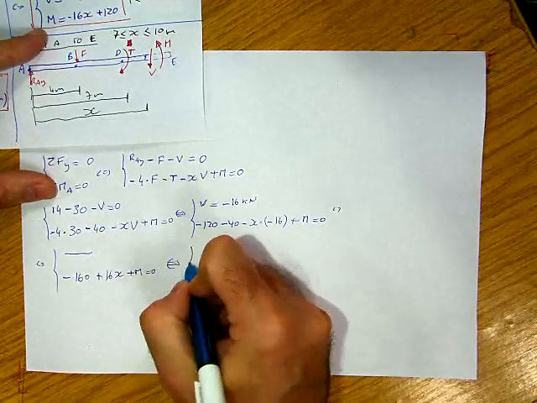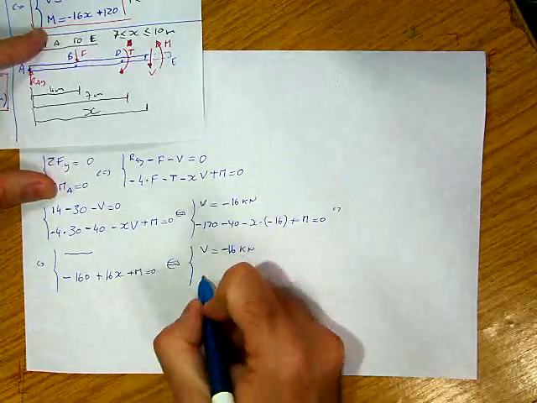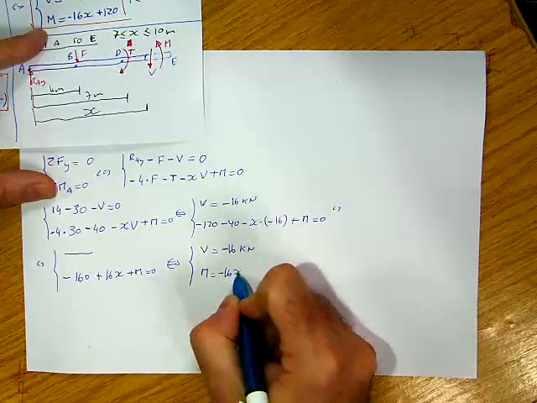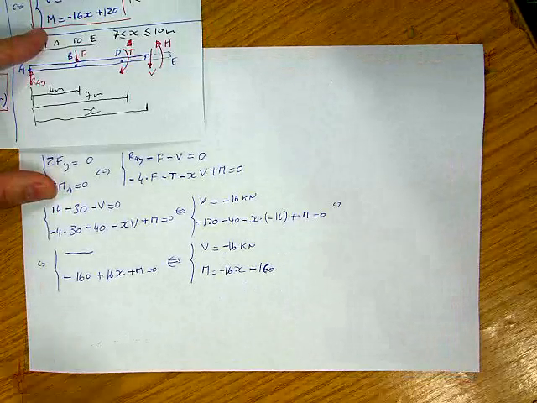So the final result is V equals minus 16 kilonewton and M equals minus 16x plus 160, and that's it.